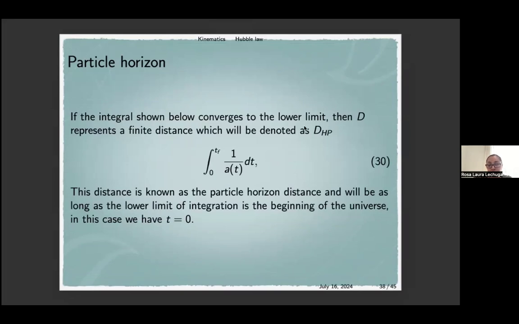And we need to ensure that this integral converges at the lower limit to say that this is a particle horizon, because this a has different forms. It's a question that you haven't asked, but what is the form of this function? What could be the form for this function?